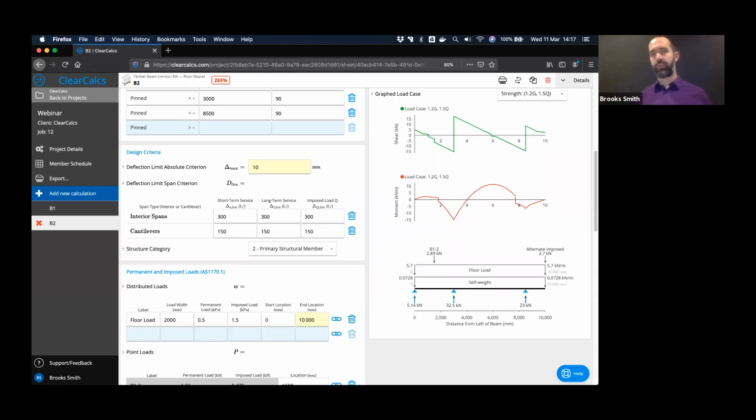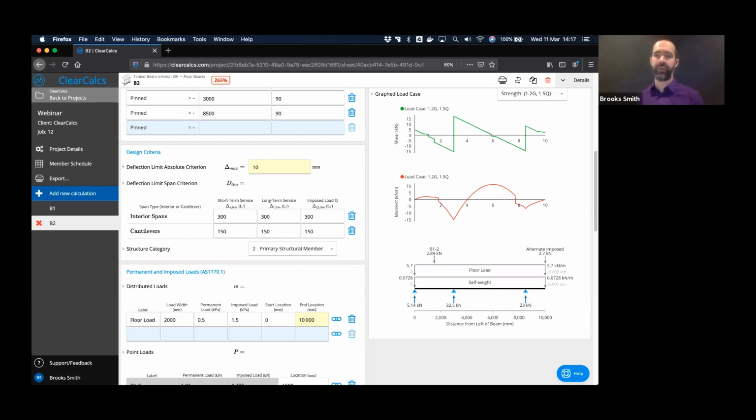What it is trying to say is that if you have a relatively low distributed imposed load, you could still end up with, for example, your resident putting a big heavy bookshelf at one particular point along your beam. So that's trying to account for that big heavy bookshelf or that one big heavy thing at one location along the beam.